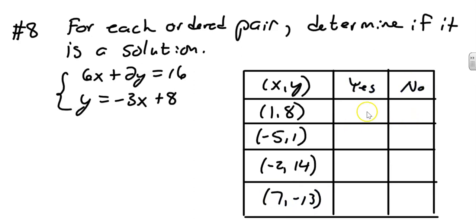Okay, and they'll have a hyperlink button in here. You just go back and click whichever button you need. For now, we're just going to put yes or no. We'll put a check if it's yes or check if it's no, whichever one it's going to be. And this is nothing more than just, okay, take the numbers you have, plug it back in over here for x and y, and just make sure that it makes both equations true.